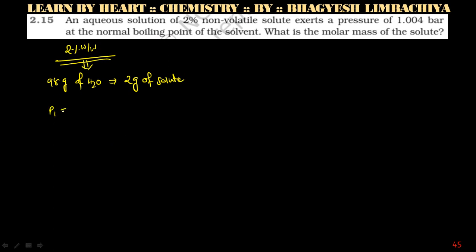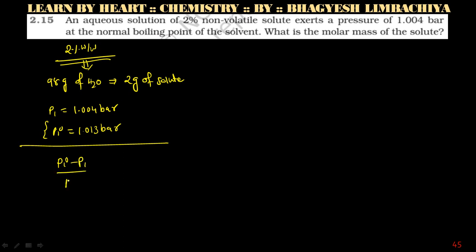Now you are given P1 is 1.004 bar, and P1⁰, the vapor pressure of pure water at atmospheric pressure, is 1.013 bar. So now we will apply the formula (P1⁰ minus P1) upon P1⁰ equals N2 upon N1 plus N2, right?